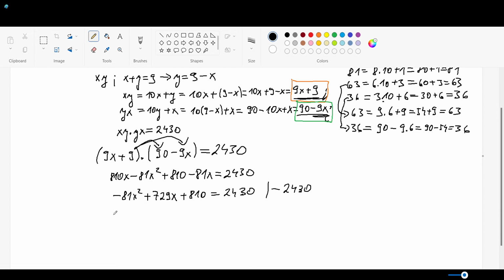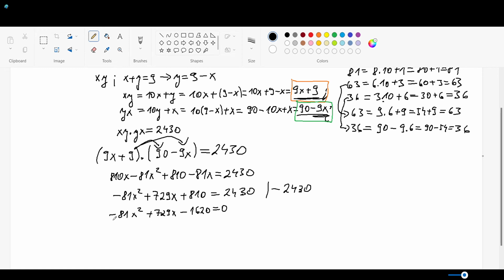Now let's take away 2430, so my equation is 81x squared plus 729x minus, and I'm sorry, I'm quite lazy for calculating this and I don't want to make a mistake, so it's 2430 minus 810, and it's 1620 equals 0.